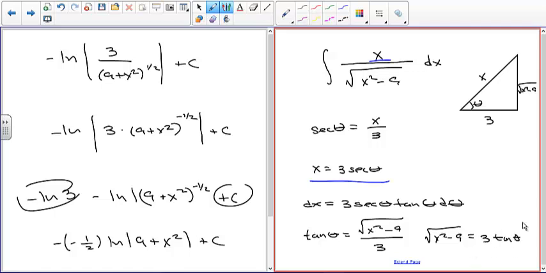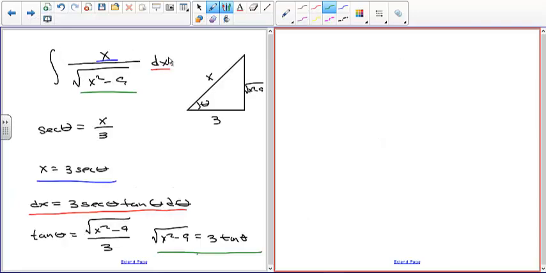Okay, let me underline these again. This substitution here will be used there. This substitution here will be used there. So we have the 3 substitutions, and we plug those in and see what we get, and we'll simplify it.